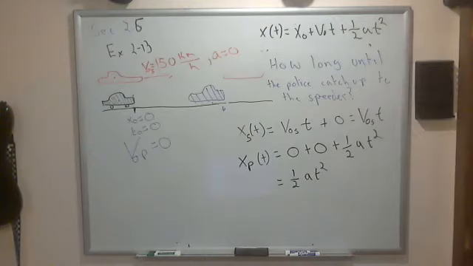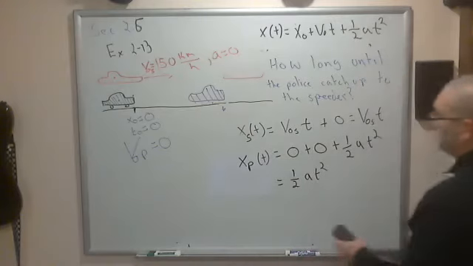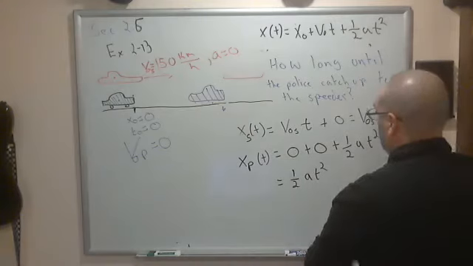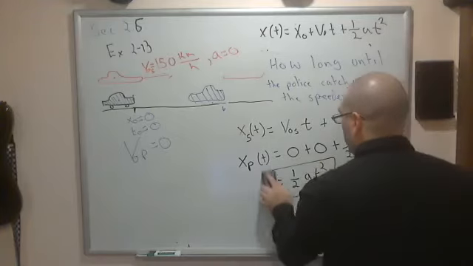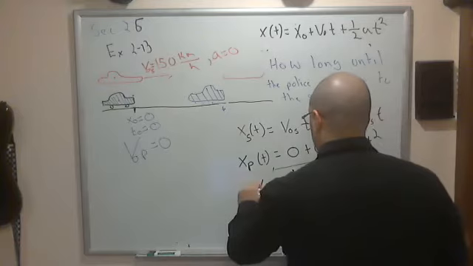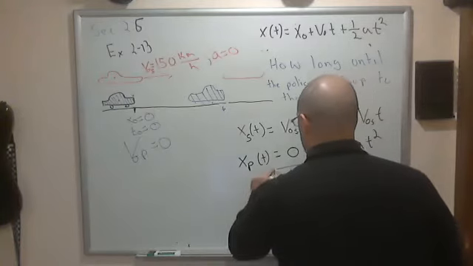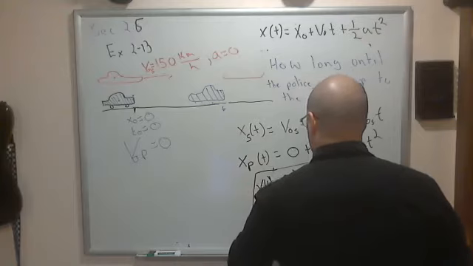So how many unknowns do we have? So this is the equation for the police. And I'll just rewrite the equation for the speeder underneath.